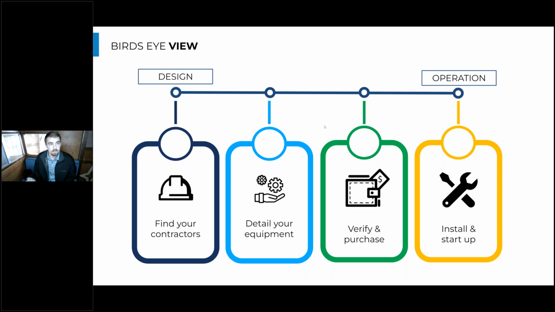So what we'll be talking about today is the transition from receiving an engineer's design as an installer and turning that into a system that is fully operable. First off, that is maybe finding your contractors or subcontractors, and we'll talk about the attributes that are important to look for in a subcontractor working on a system like this.